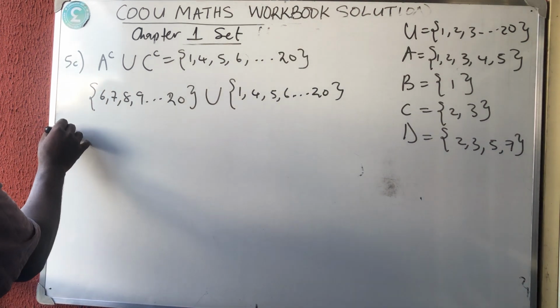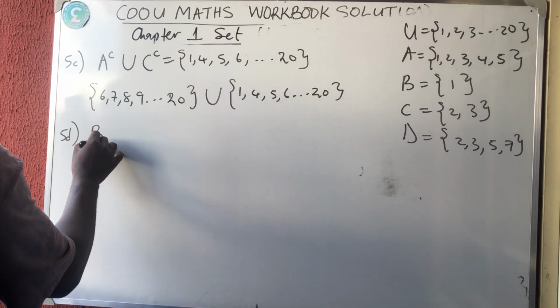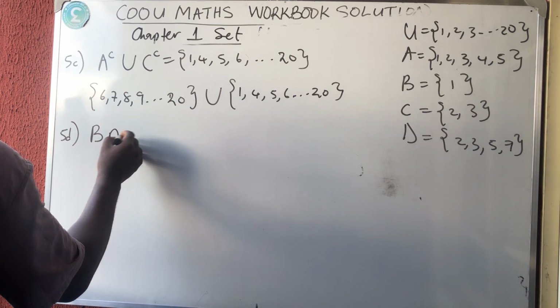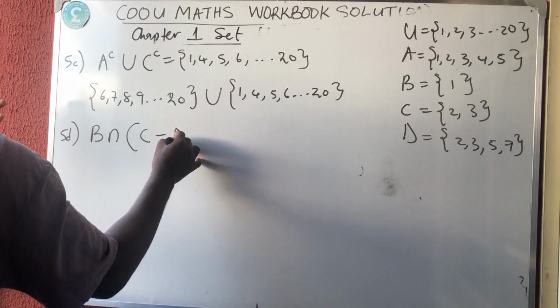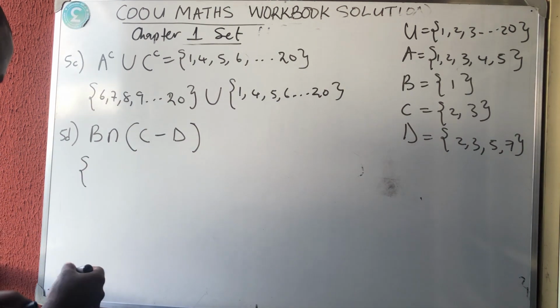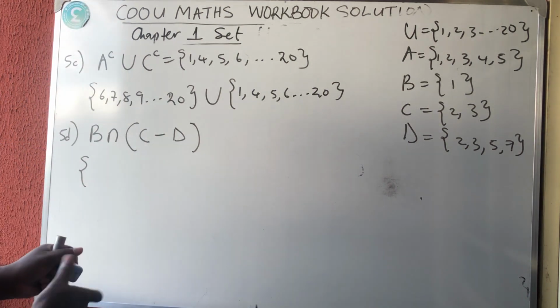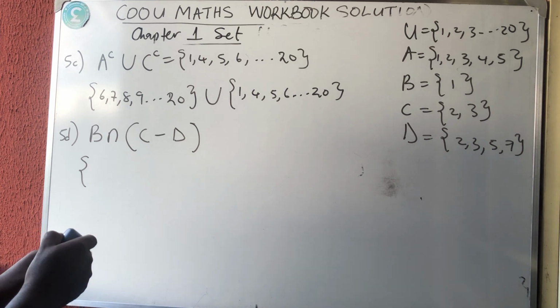Okay? 5D. 5D said B intersection C minus D. Okay? So the set of B is just 1.